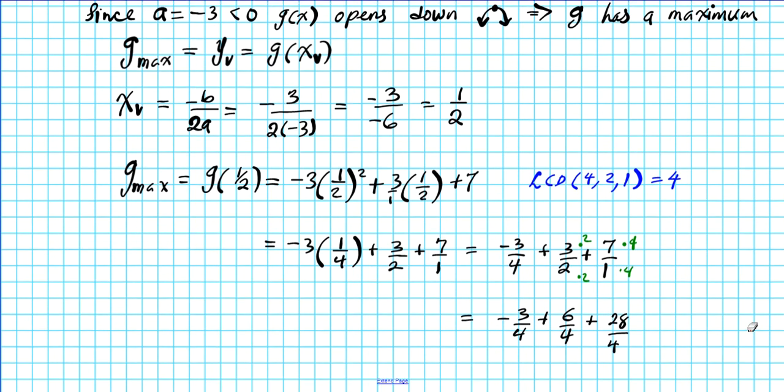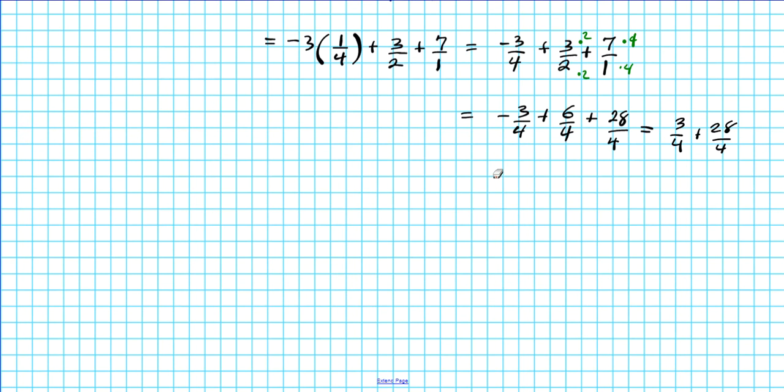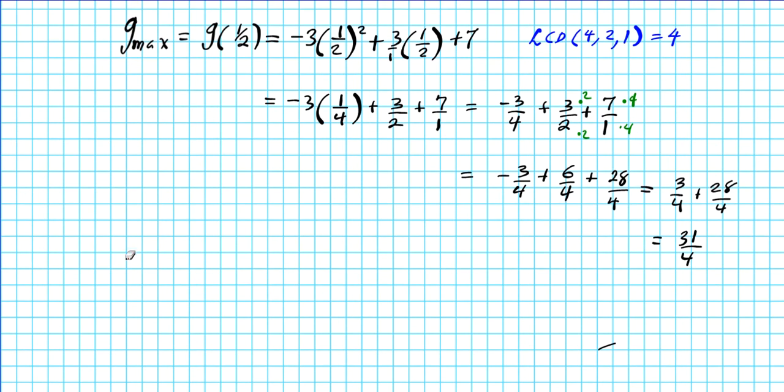Denominators are all identical, so let's combine. Minus 3 plus 6 is positive 3. So we have positive 3 over 4 plus 28 over 4. And that gives us the final result of, what is it? 31 over 4. Bam. Okay, so that's our g maximum. So g max is equal to 31 over 4.